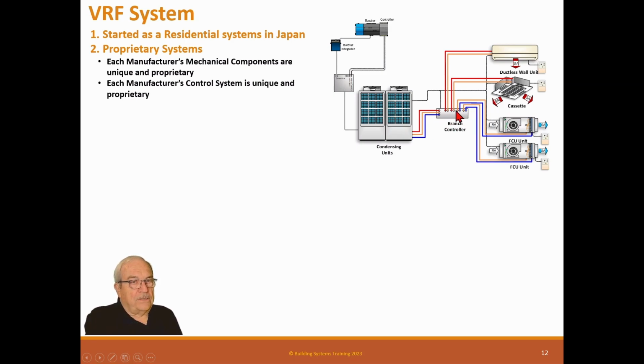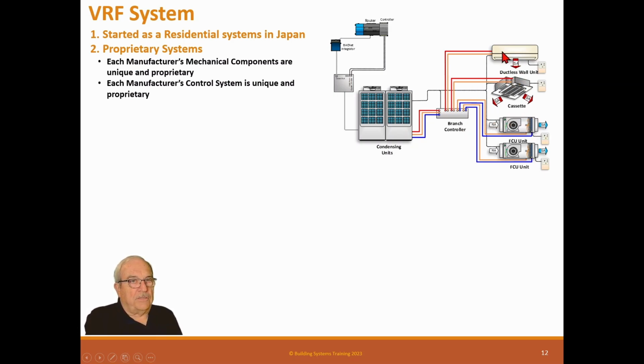Basically, the condensing unit is connected to every box, every zone box. It has a suction line, a hot gas line, and a liquid line. So this box can divert these to different controllers.